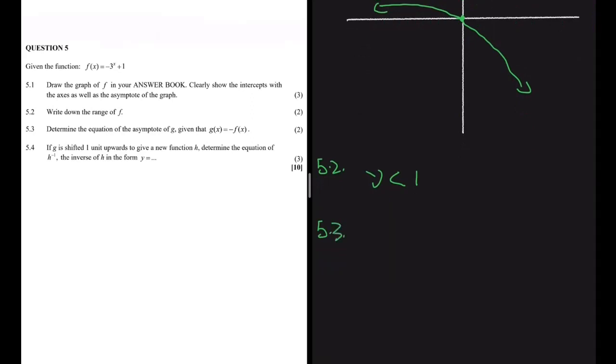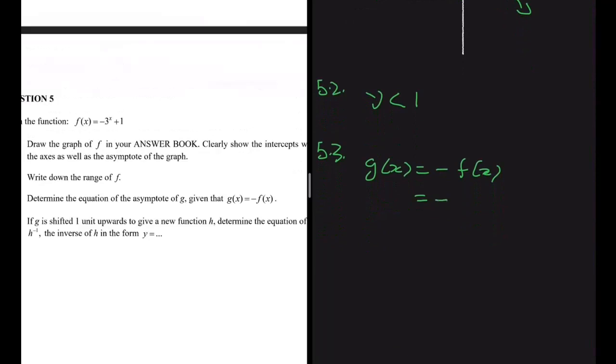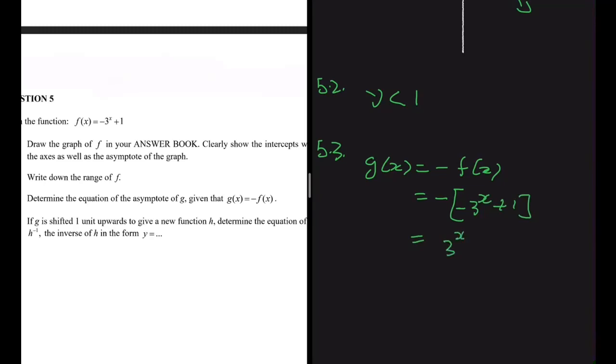5.3 says let's determine the equation of the asymptote of g, given that g of x equals minus f of x, right? So let's just go ahead and substitute f of x and see what we're going to have. We're going to have minus, and then f of x, that is minus 3 to the power x plus 1, and then if we multiply that out, we're going to get 3 to the power x minus 1, right?